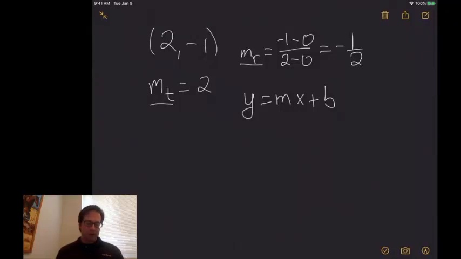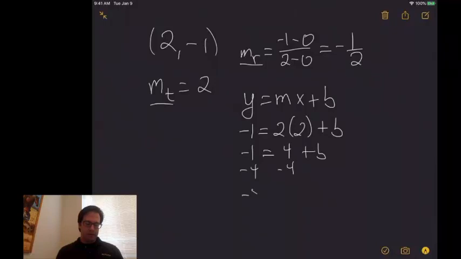So I have negative 1 equals my slope of 2 times my x-coordinate, which in this case is also 2, plus b. So I multiply. Negative 1 equals 4 plus b. Solve for b. Negative 5 equals b.